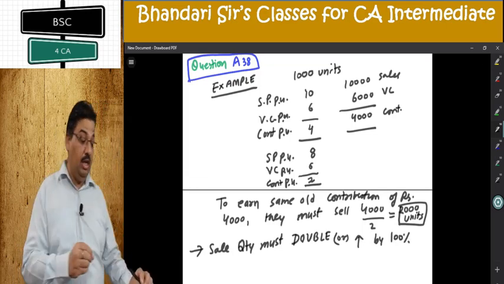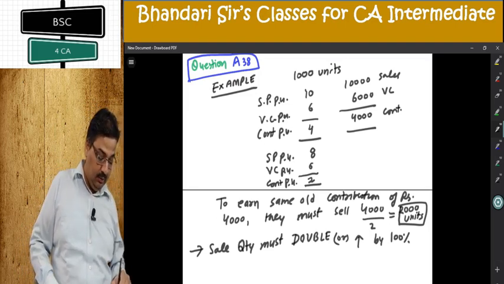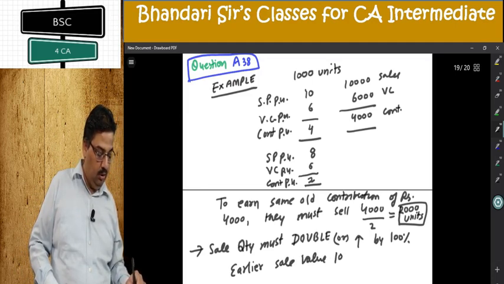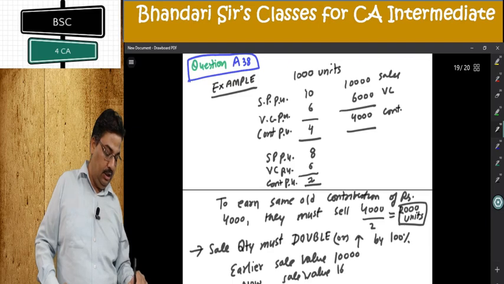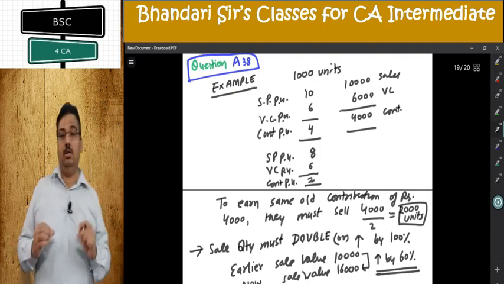What is the impact on sale value? Earlier sale value was 10,000. Now sale value is 2,000 into 8, which is 16,000. Increase by 60%. That is the answer.